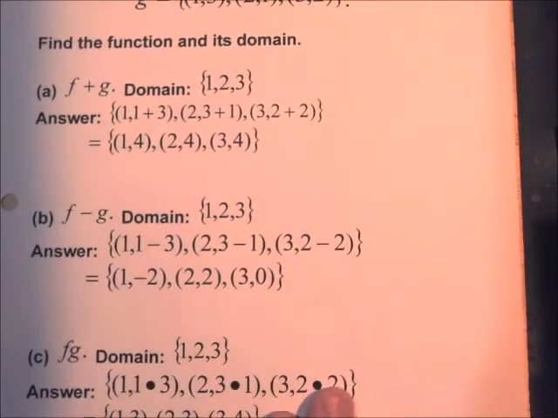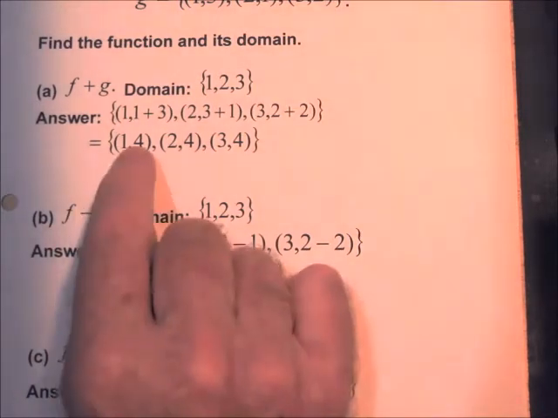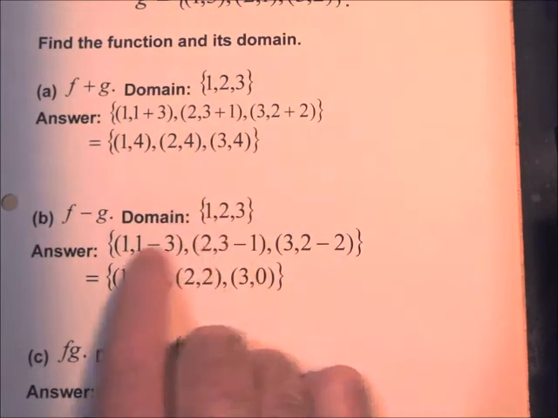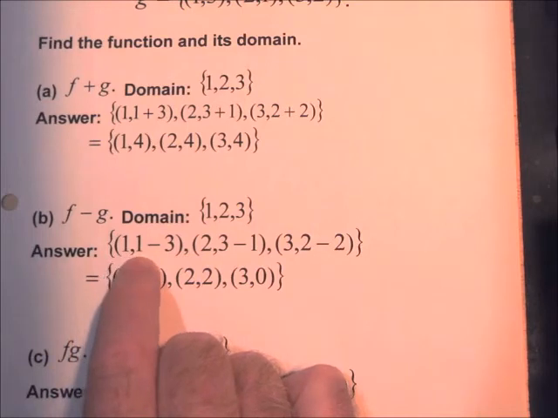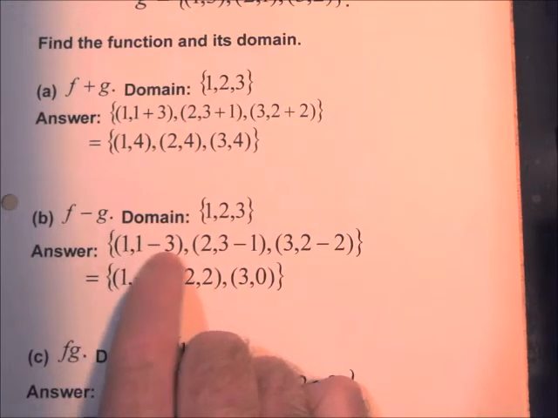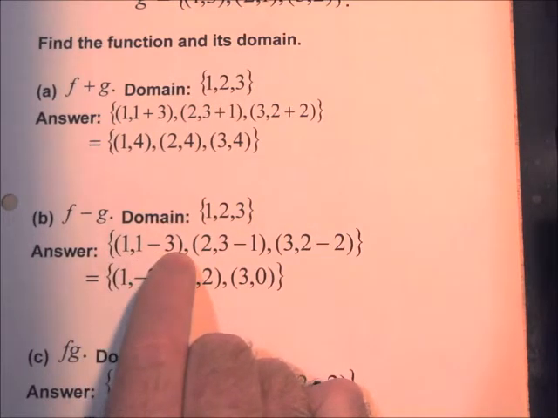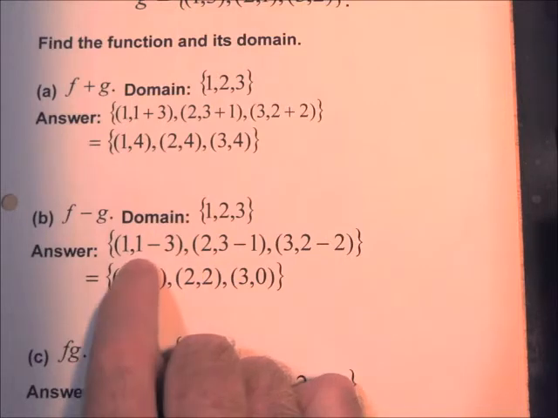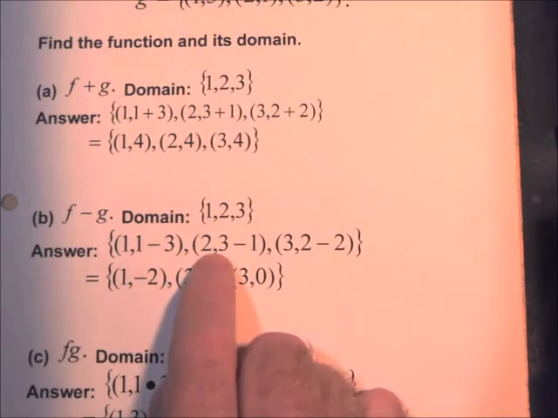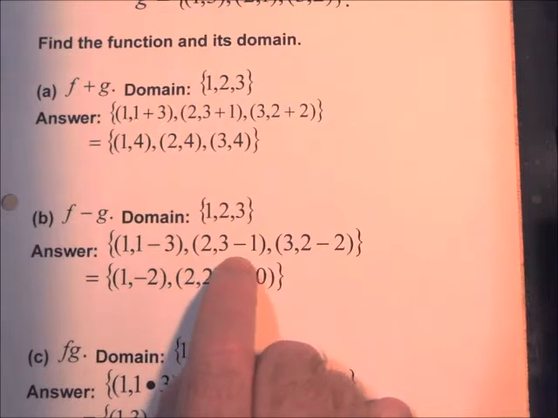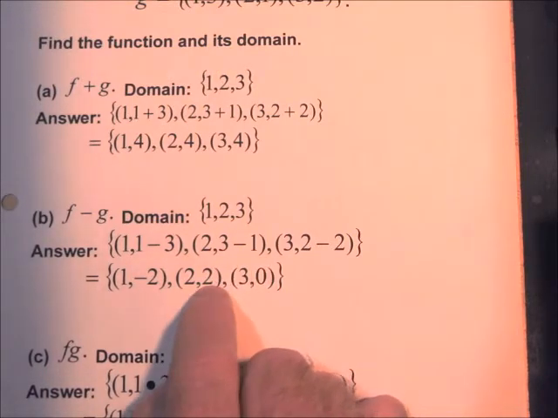F minus g, and the domain is 1, 2, and 3. The domain would be the first coordinates, 1, 2, and 3. If x is 1, f minus g will be 1 minus 3. F is 1, g is 3, so it's 1 minus 3, which is negative 2. If the input is 2, f minus g will be 3 minus 1, which is 2.